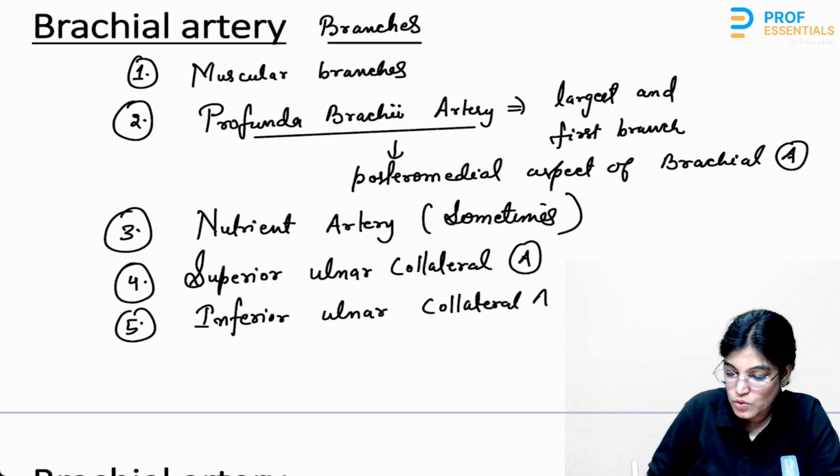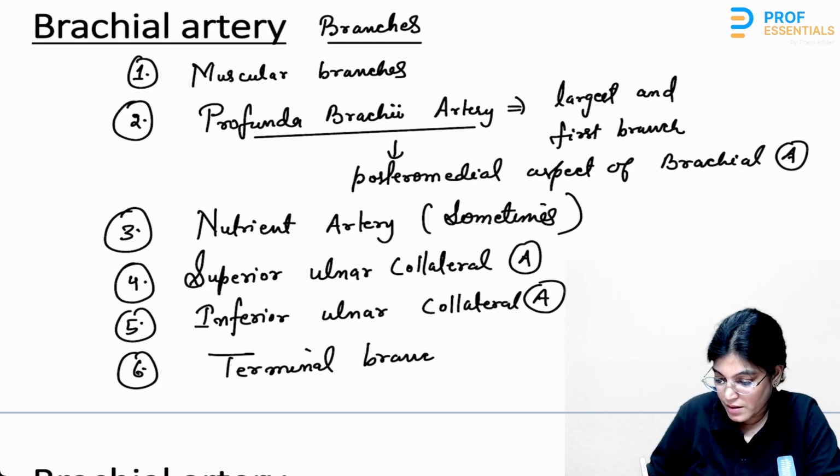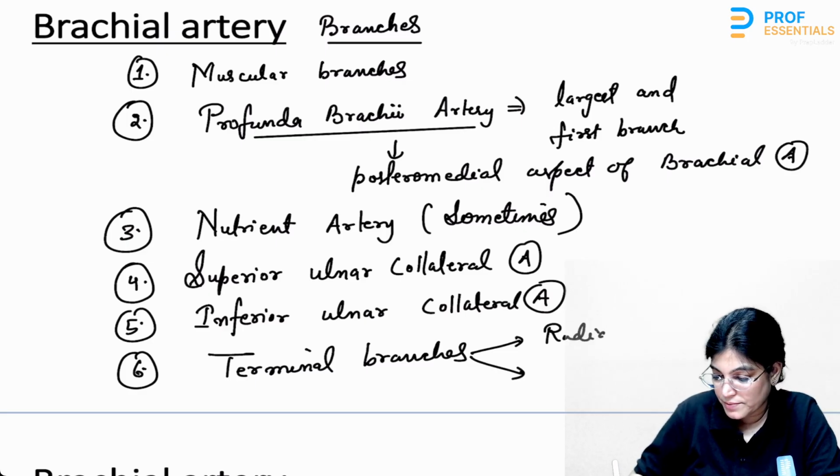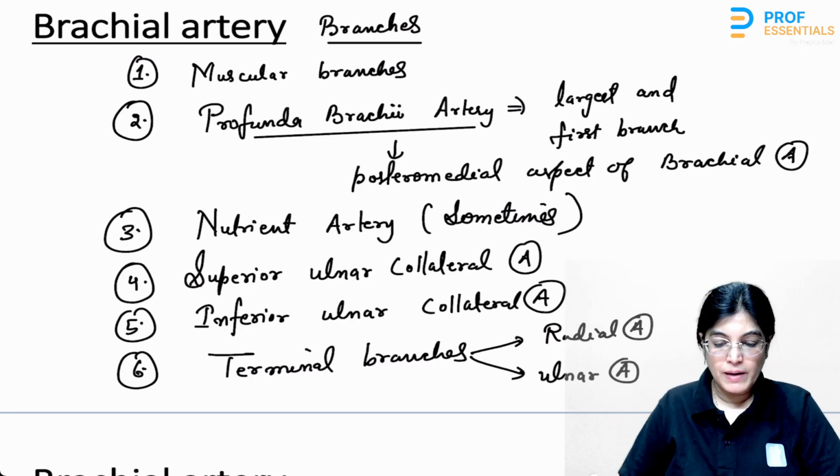It also gives two terminal branches at the level of the neck of the radius: the radial artery and the ulnar artery. Okay, these are the branches.